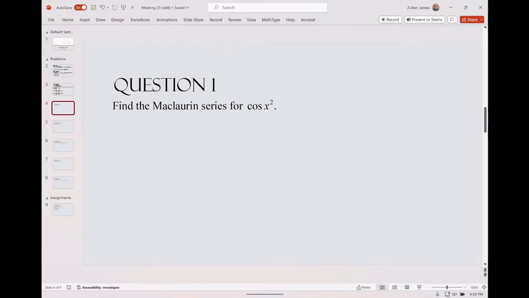Or we can use the fact that we already know the Maclaurin series for cosine. Start with cosine. Cosine of x squared.